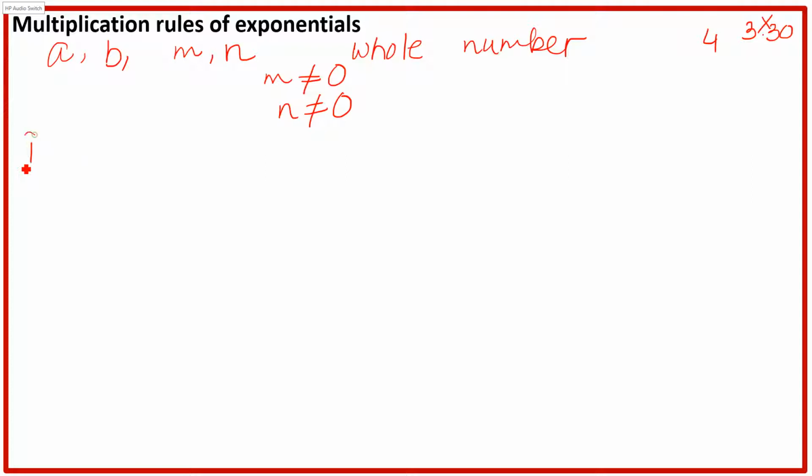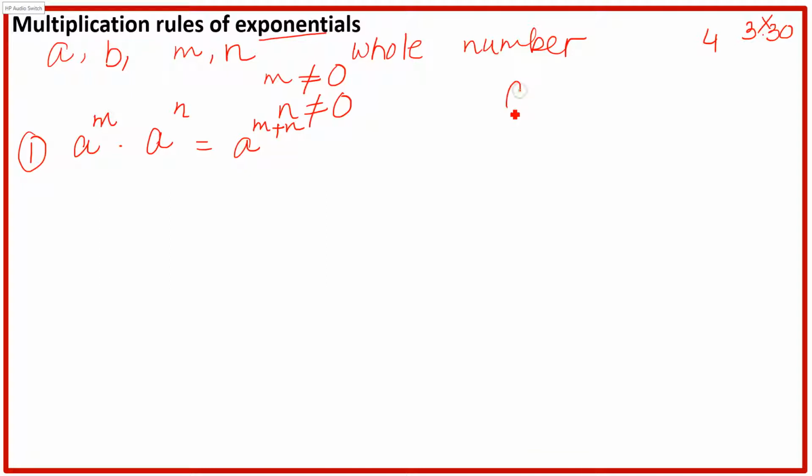The first rule is A exponent M, dot, which means multiplication, A exponent N, equals A to the power M plus N. I will explain the first rule first. What are M and N? These are the exponents.